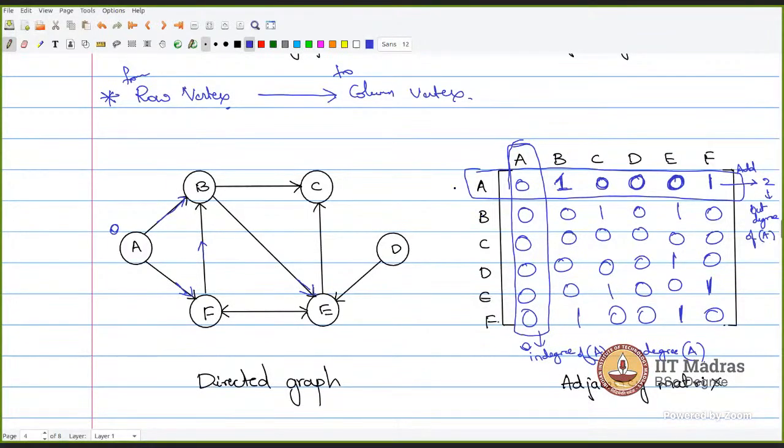When a machine starts computing, it will start from row 1, column 1 entry. It will scan every entry in row 1, and then it will go to row 2, and scan every entry in this. If there are n vertices, it will take order of n square time complexity.